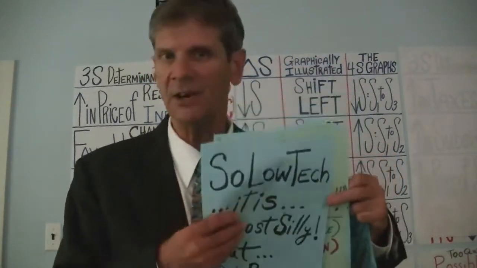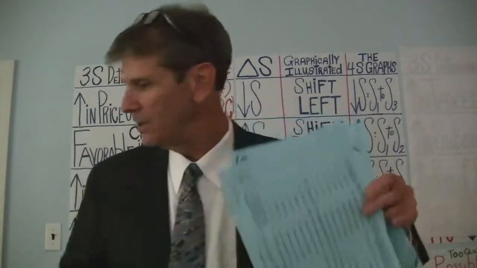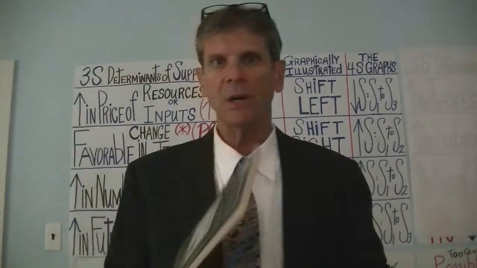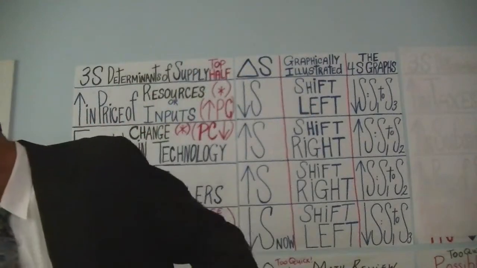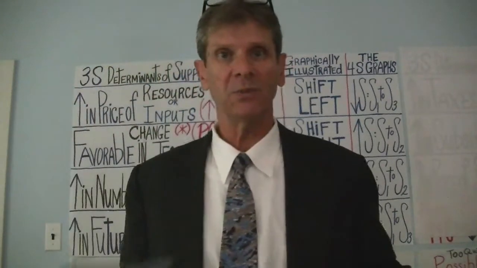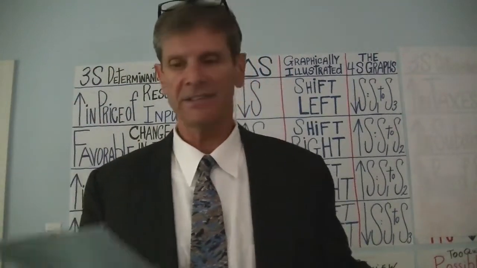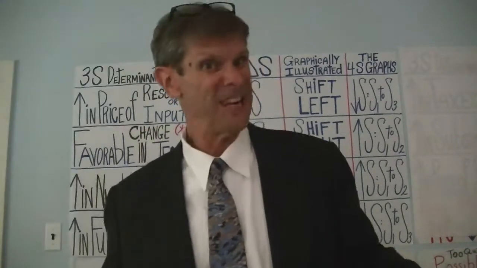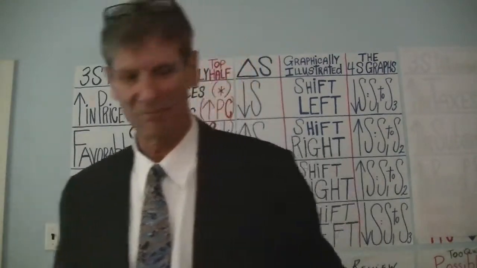I'm purposely writing on these presentation sheets because I want you to be thinking about what you need: a pen and paper and a notebook. This is a supply video, supply 3S. Grab some paper. I'm saying blue paper here for supply, green paper for demand, which is one of the silly things I'm doing.